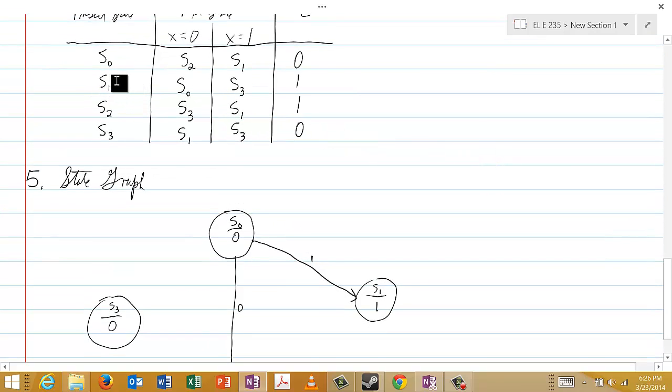If we're in S1 and x is equal to 0, we go back to S0. So we can represent that in this way. On the other hand, if we're in S1 and the input is 1, we go to S3. So we could represent that in this way.